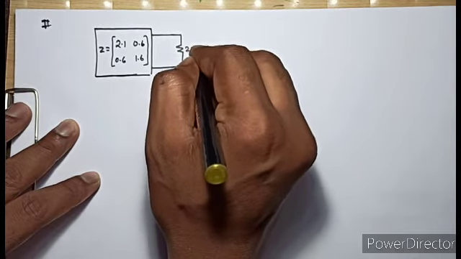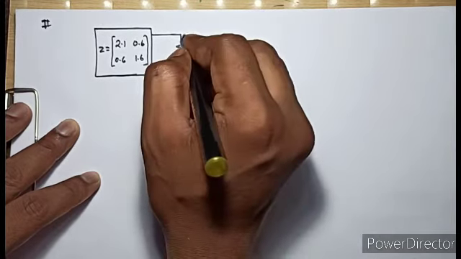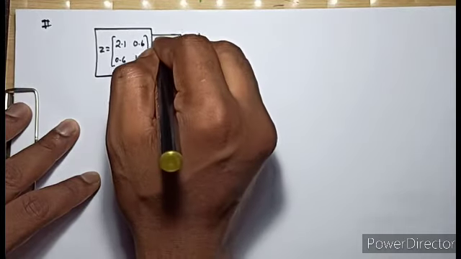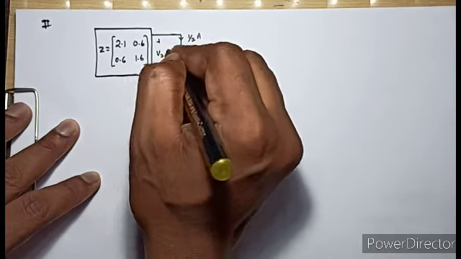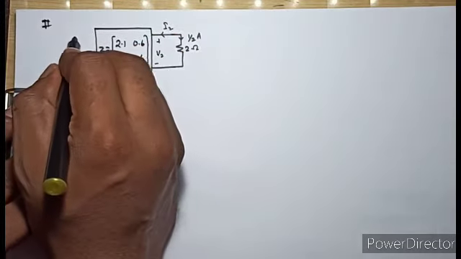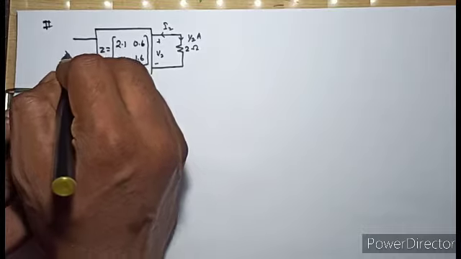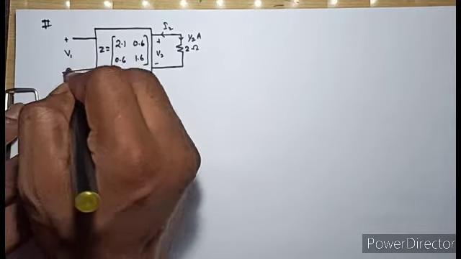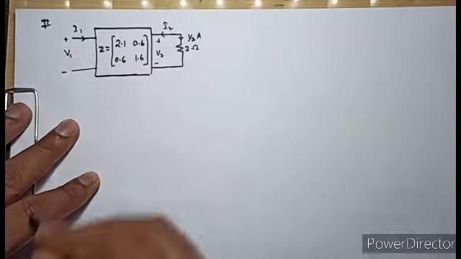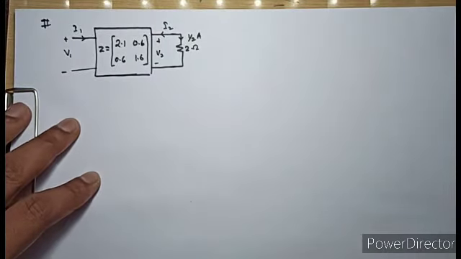And this is a 2 ohm load, half ampere current is this. This is plus or minus V2, and this is I2, current entering port 2. This is our input port, and this is our current I1 entering port 1.